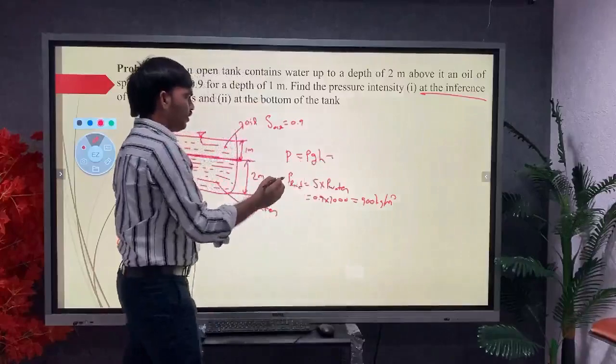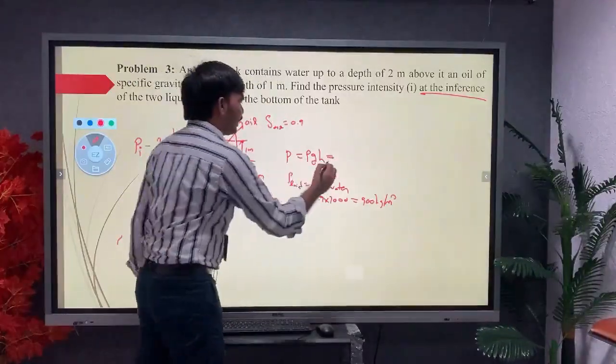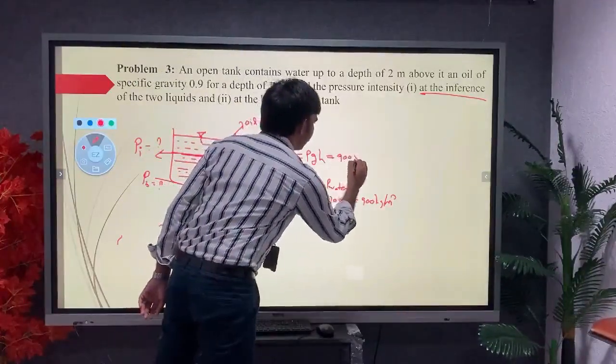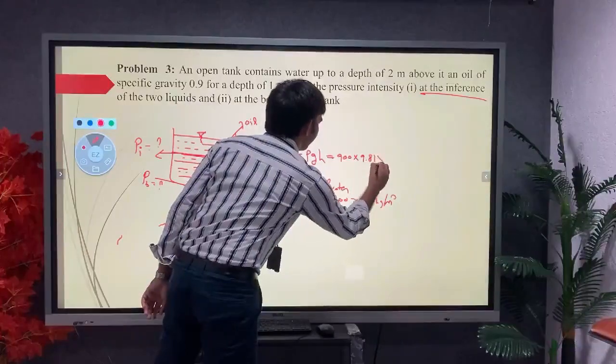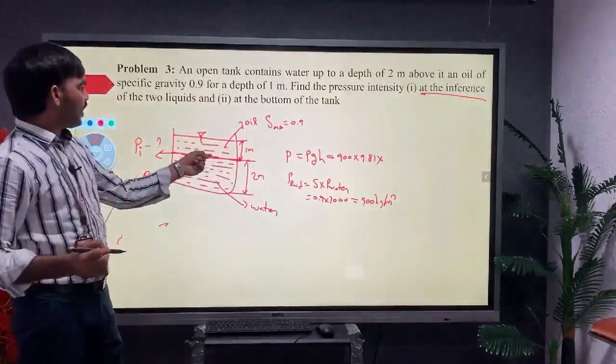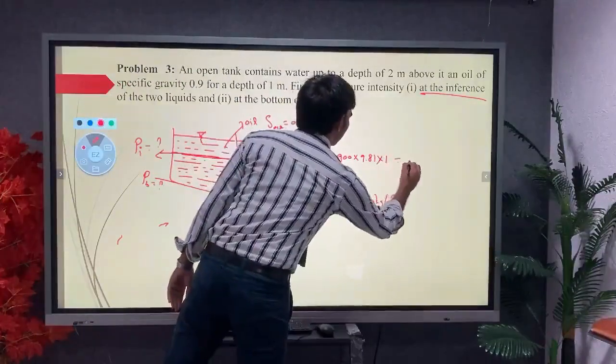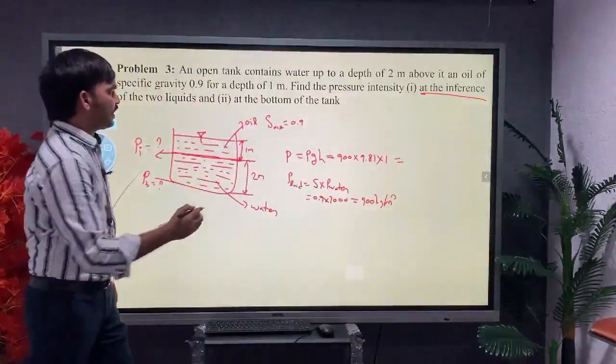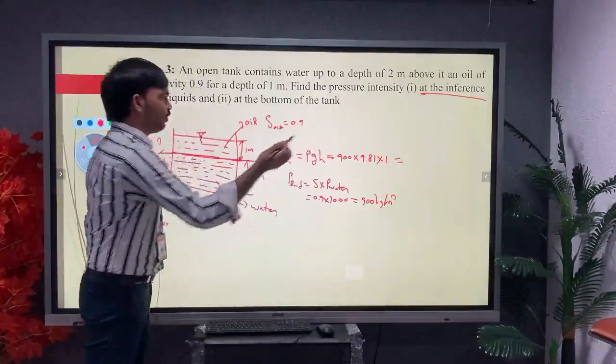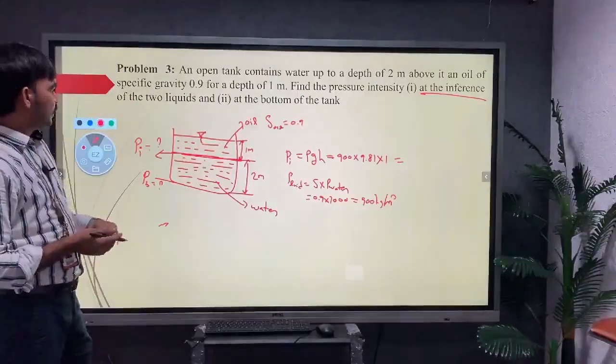Now we know the density 900, acceleration due to gravity 9.81, and the height of the oil is 1 meter. If you multiply, you will get the pressure intensity at the interface.